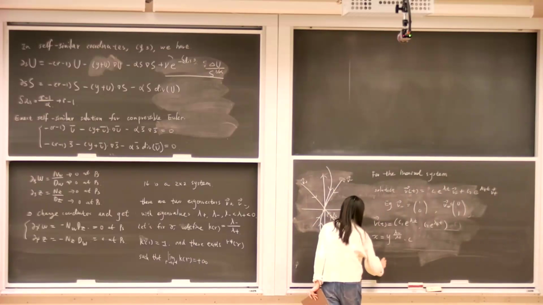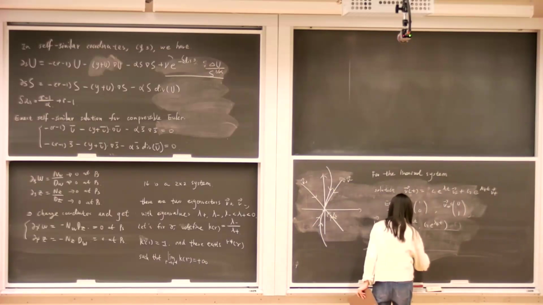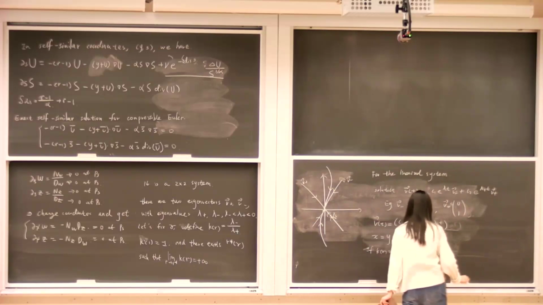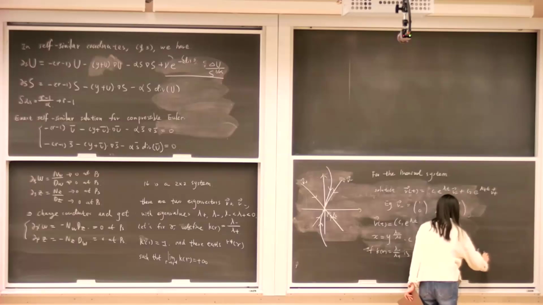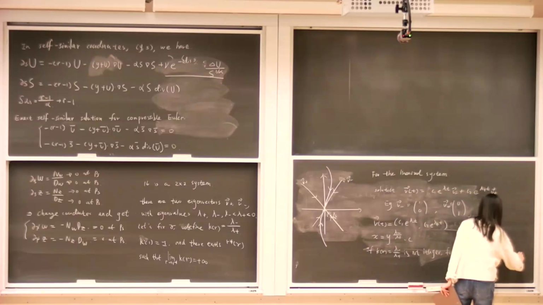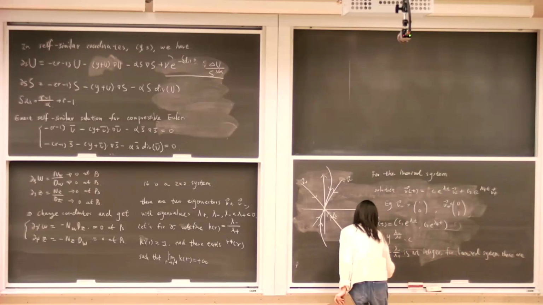So if k of r, which is lambda minus over lambda plus, is not an integer, for the linearized system there are only two smooth directions.